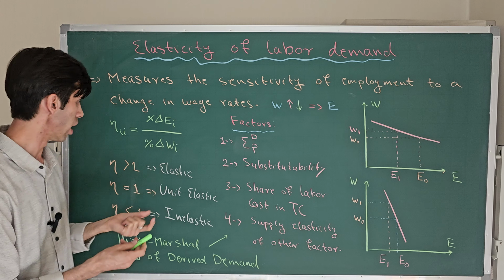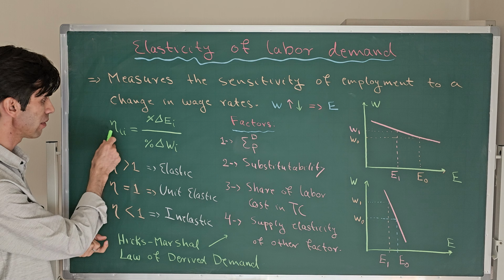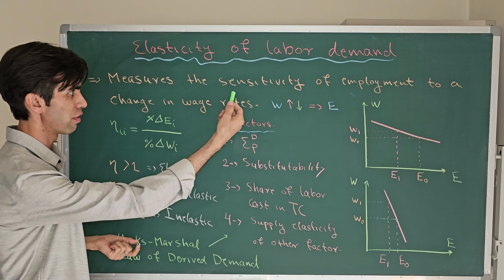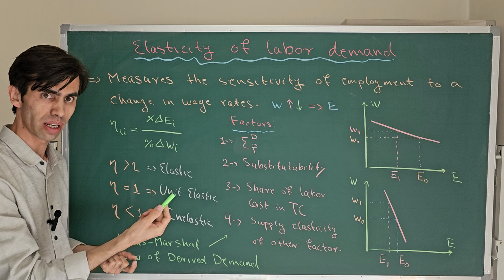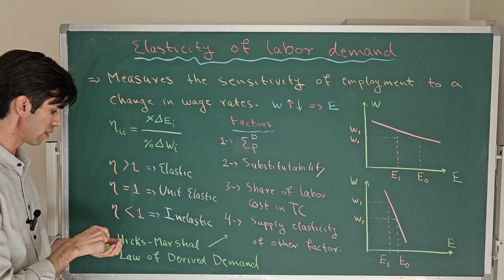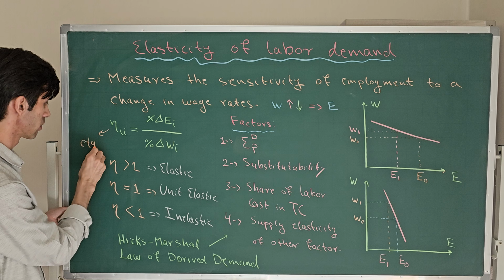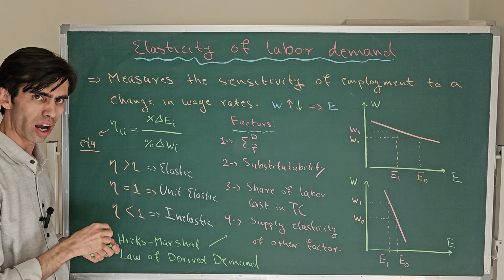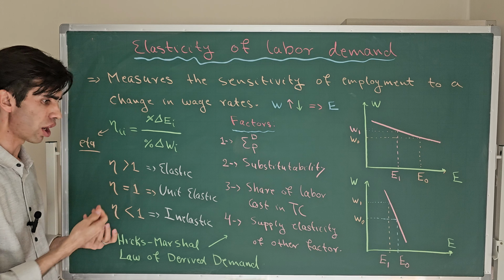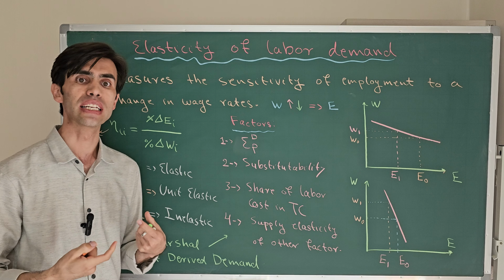In terms of formula, we denote the wage elasticity of labor demand by eta, the Greek letter eta, eta II, which means here we talk about the own wage elasticity.